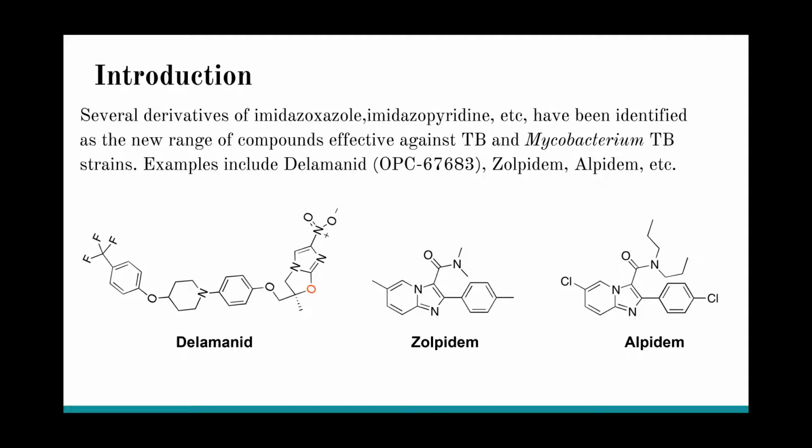These are some of them. Zolpidem and alpidem are derivatives of these scaffolds, and they are believed to have potency against not only tuberculosis, but also viral, microbial, and inflammatory diseases.